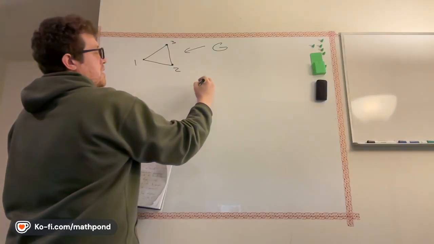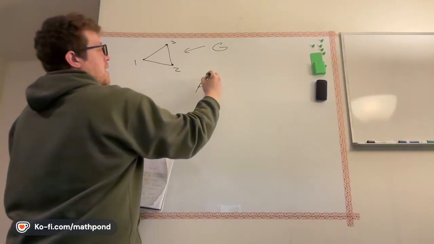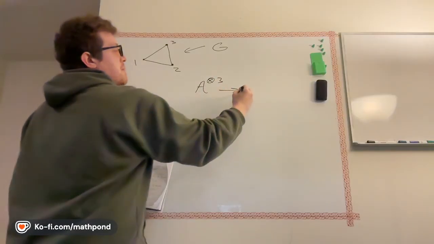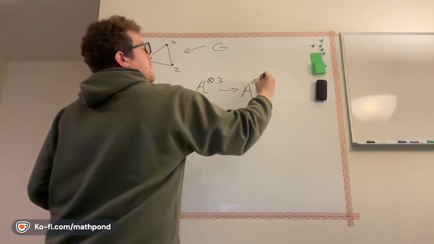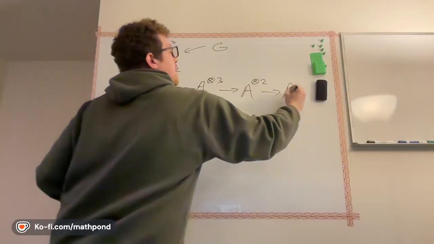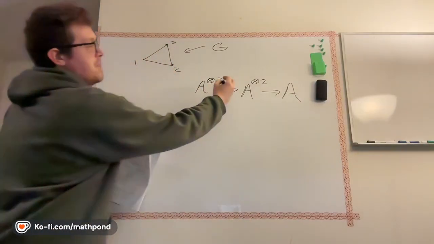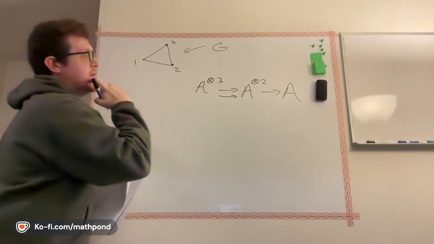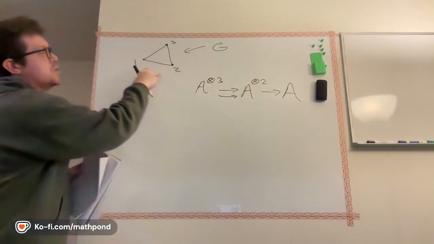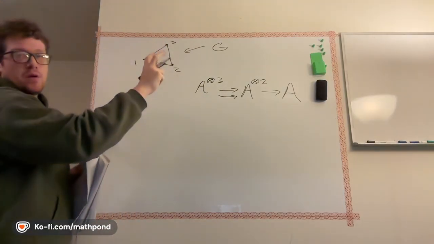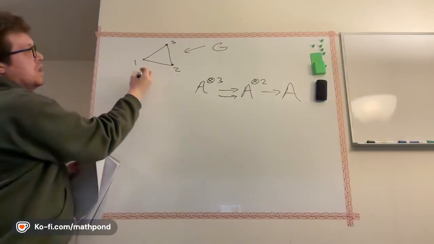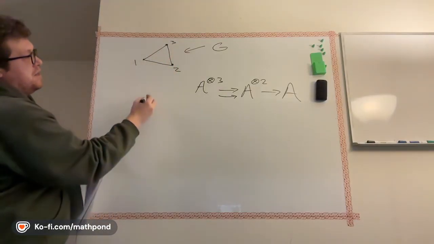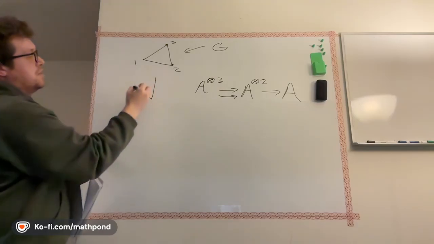So it'll be A tensor to the third. There's going to be a map A tensor squared, and a map to A. And there are actually many different maps here, based on which 2 points we're quote-unquote multiplying together. So you can look at all the subtrees of this graph. In this case, there's this subtree.